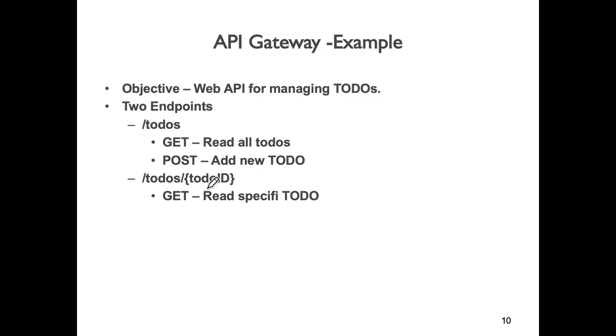It's all fairly standard stuff. So our web API has two endpoints. This endpoint supports a GET and a POST request. This endpoint supports a GET request. This endpoint also has what's called a path parameter part to it.